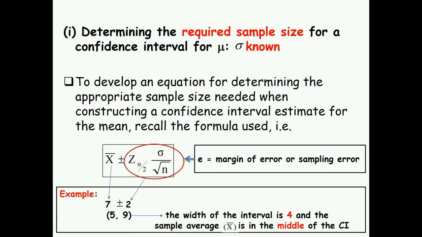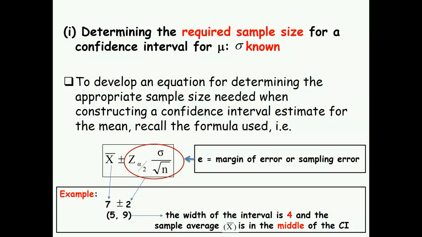I could ask you this kind of question in a true or false. If you take the average of the smallest and the highest, divided by 2, it would be equal to the point estimate. Another thing: what is the width of the interval between 5 and 9? 4. Half of 4 would be 2, so it would be the margin of error.